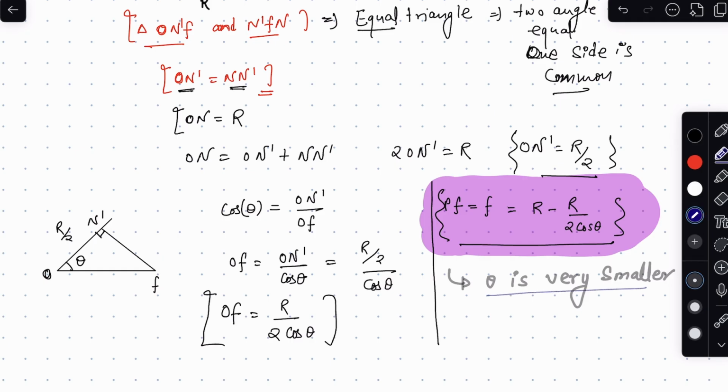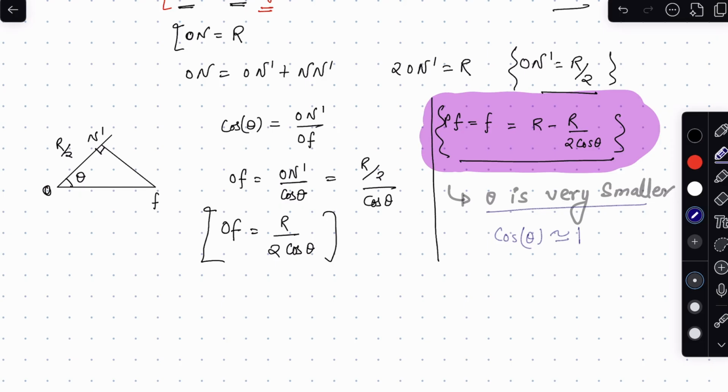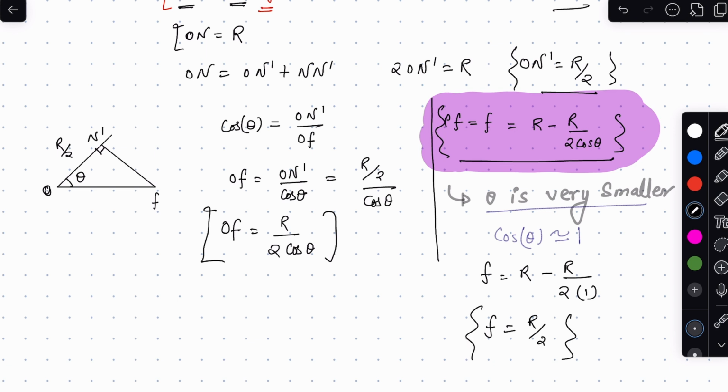If theta is small, then because theta is tending to 0, cos theta will tend to 1, and that is why the focal length in that case is equal to R minus R by 2 times cos theta, which is 1, so the focal length is R by 2. And this is how we can prove this mathematically, although practically of course we can say that the focal length will be R by 2.